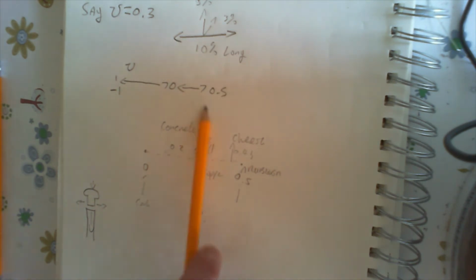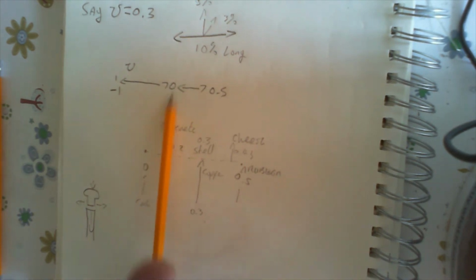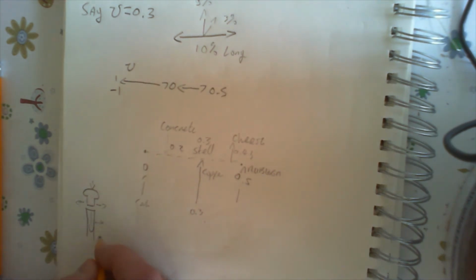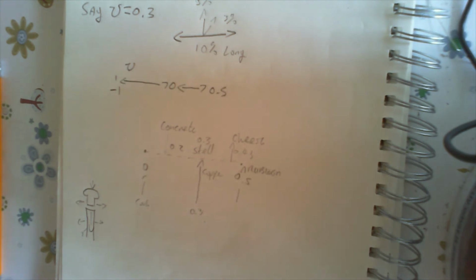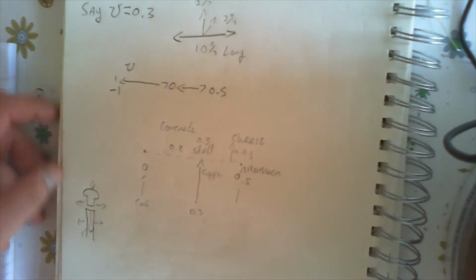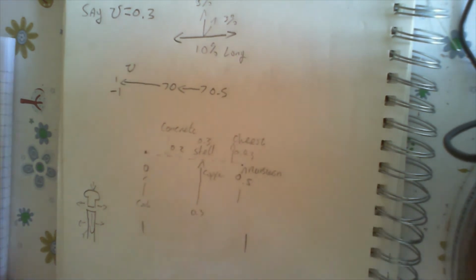And most metals are around about 0.3, got cheese there, 0.45, and concrete. So you get a smaller lateral strain depending on if this gets smaller. Obviously it gets bigger. Right, now these are materials that generally are in nature.